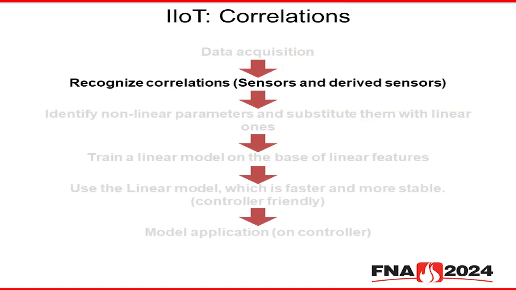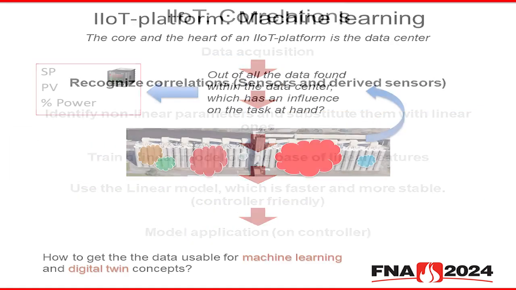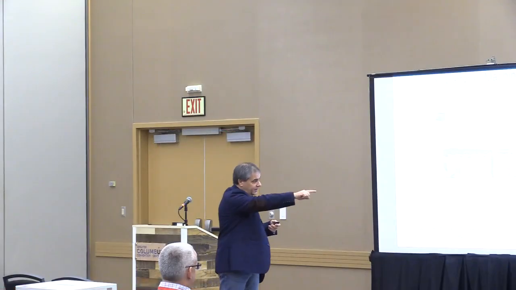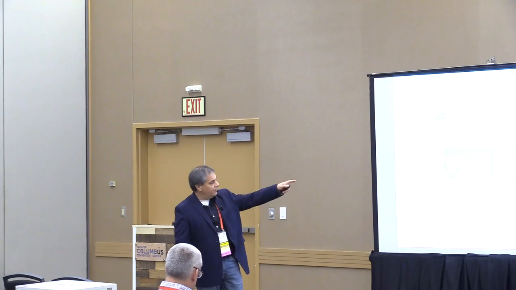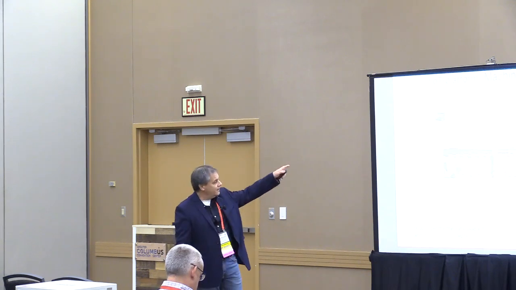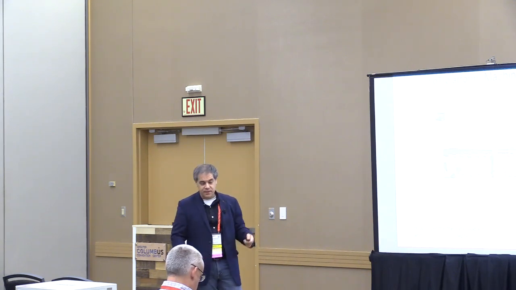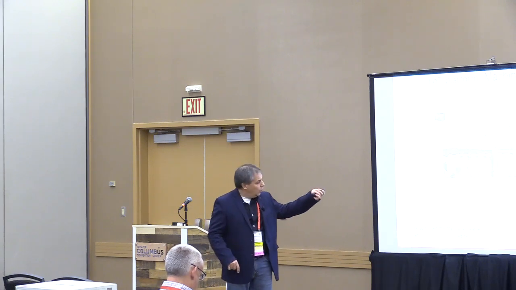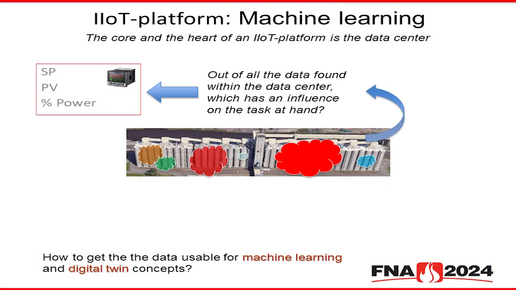Recognize correlations. Having this data center, I now run some sort of machine learning algorithm to look at my data and see, of all the data you found, what influences my decision, okay? I'll come back to this in a second, but let's say, what information in my data center will affect K-step?